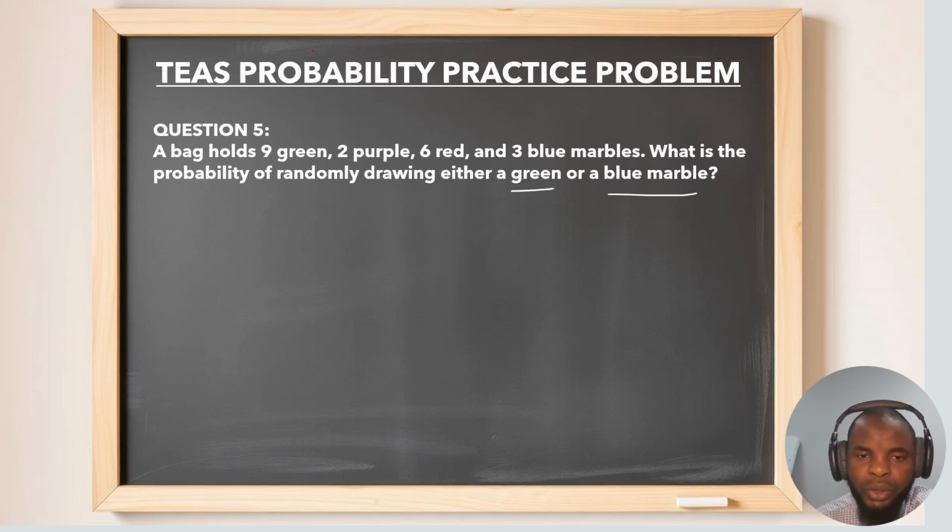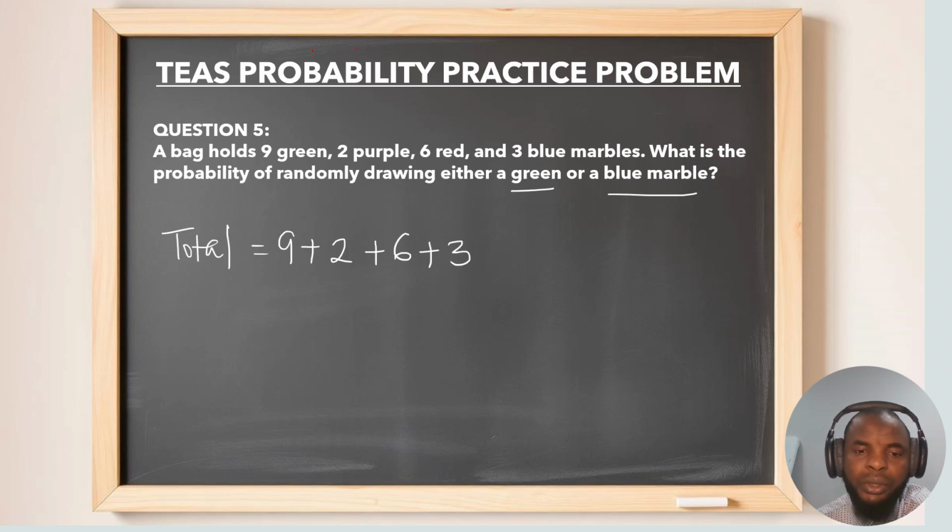Okay, I'm going to do the answer right now, and I want you to check if what you've done is the same as what I'm going to do. The first thing you have to do is to get the total. We have 9 green, 2 purple, 6 red, 3 blue marbles.